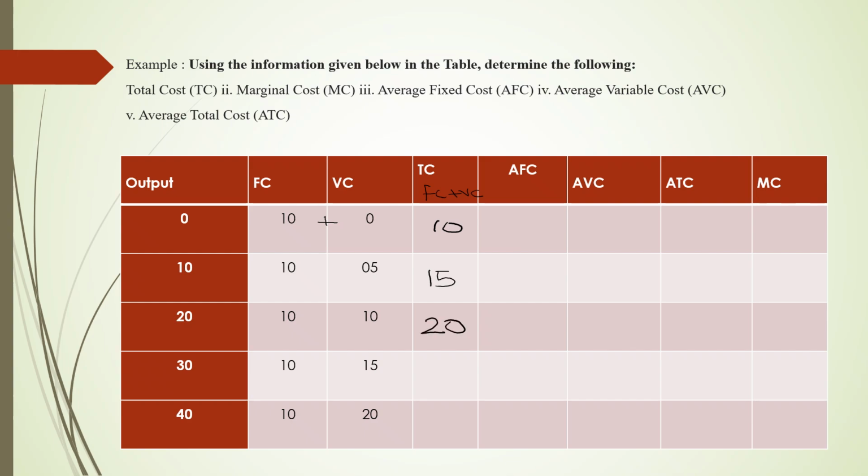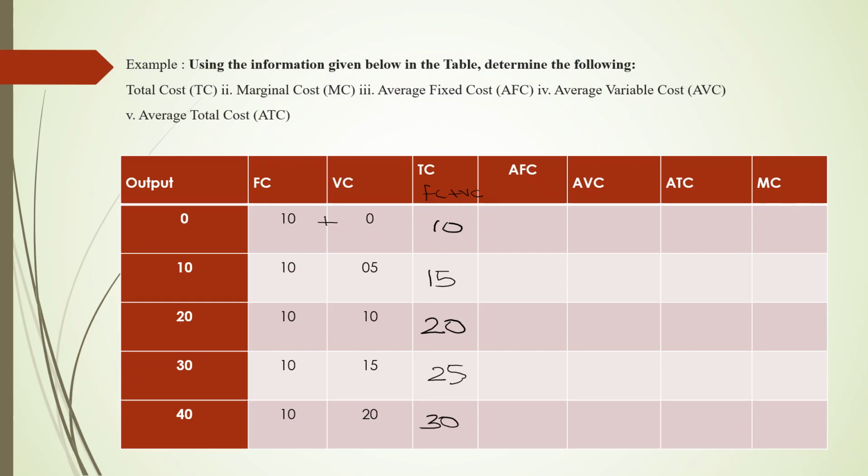How do we calculate total cost? Fixed cost plus variable cost. So fixed cost 10, variable cost 15. So 10 plus 15 is 25. 10 plus 20 is 30. So this is my total cost.